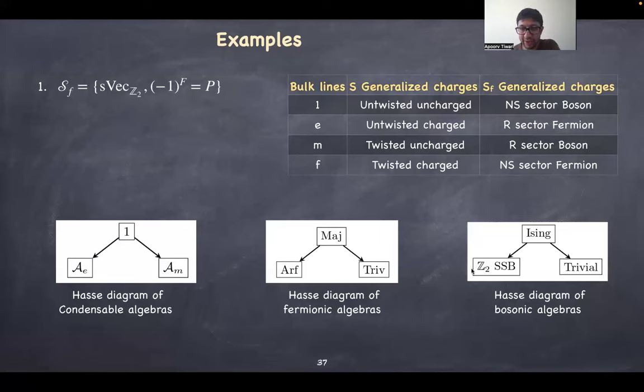And we can also get this Hasse diagram from fermionizing the bosonic diagram. So if you take Z2 SSB, this has a local topological operator that's charged under Z2. And charged operators get mapped to R sector fermions.